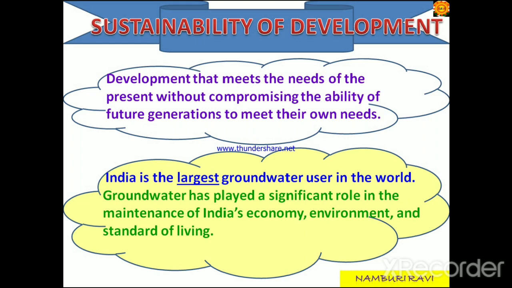If we continue this misuse and overuse of water resources, then future generations will not get a large quantity of water. So we should avoid the misuse and overuse of water resources. Then we can protect the resources for future generations.